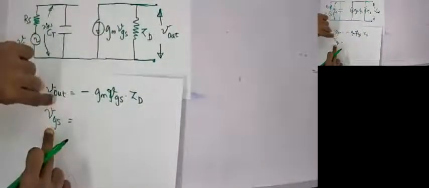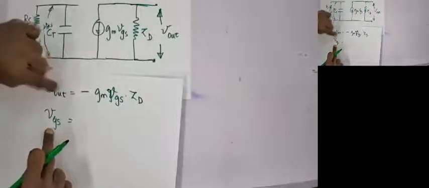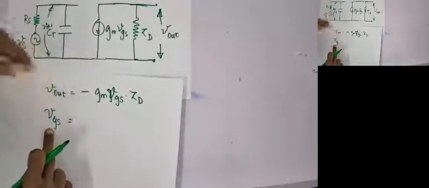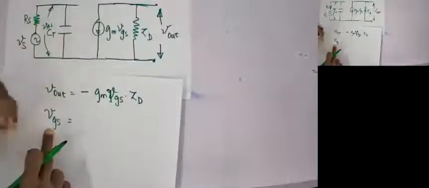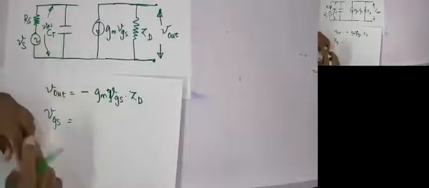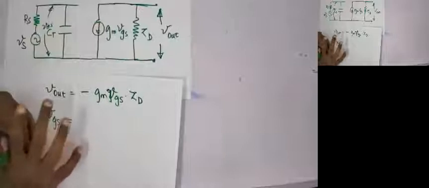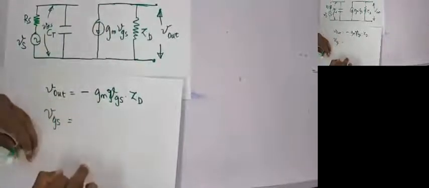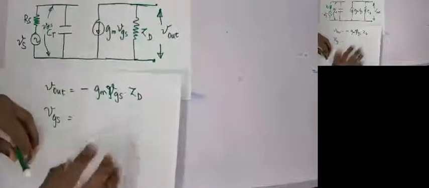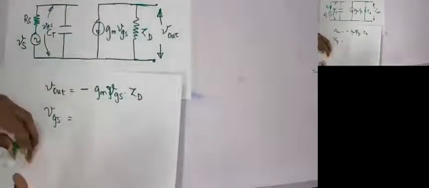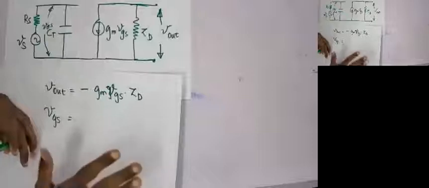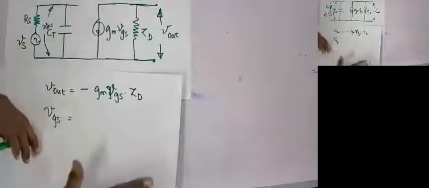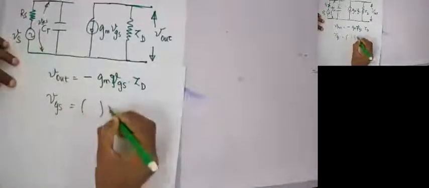You will have your answer as V out by VS, and rewrite the equation in the form of AV mid divided by 1 plus J omega by omega H, and from that you can easily calculate omega H and AV mid. Clear?